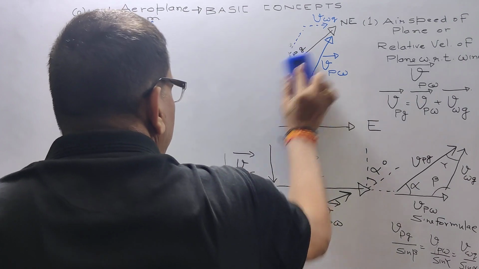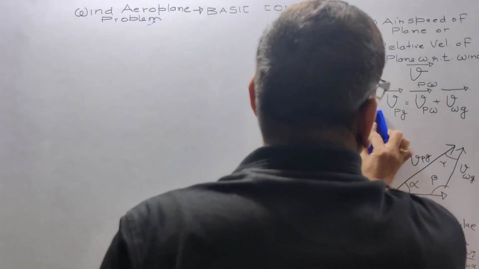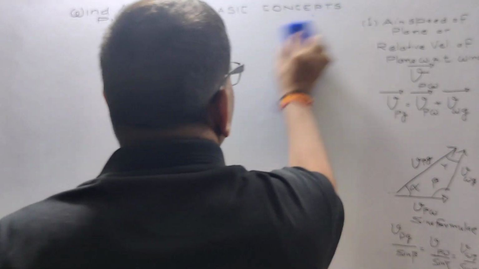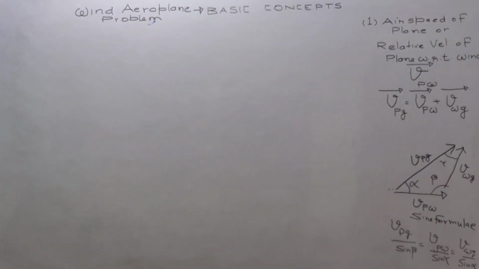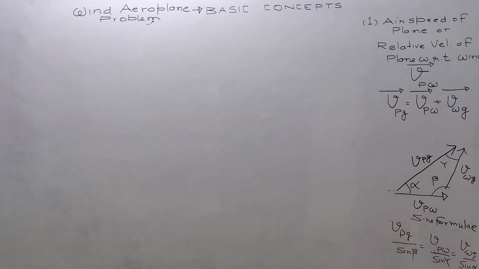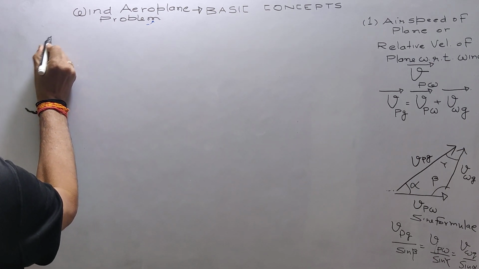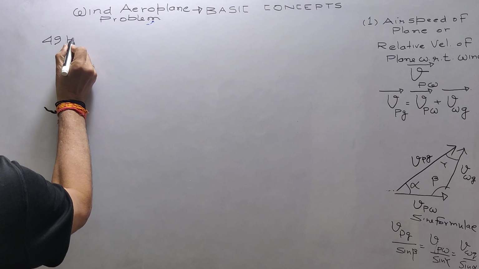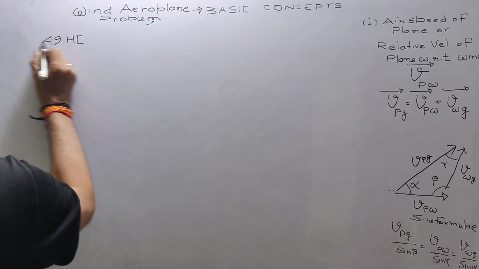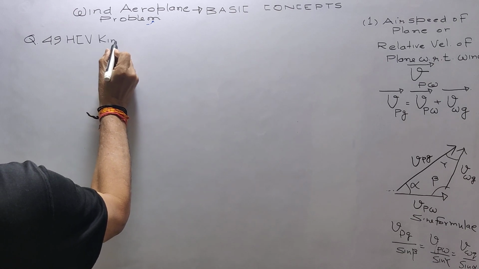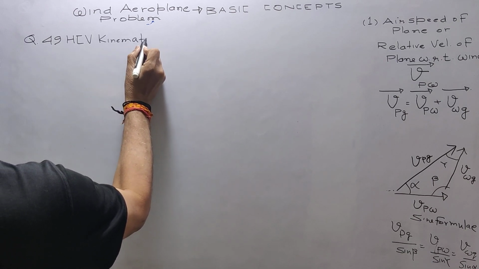Let us see what it is. This is the 49th problem of SCV, kinematics. That is a wind aeroplane problem.